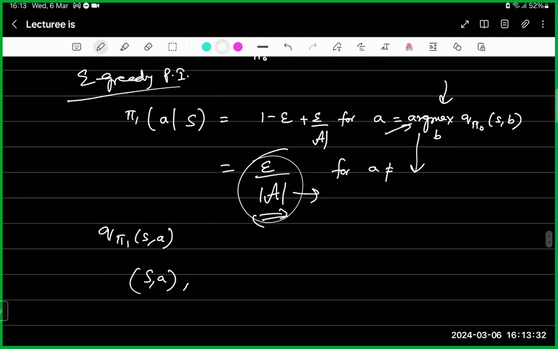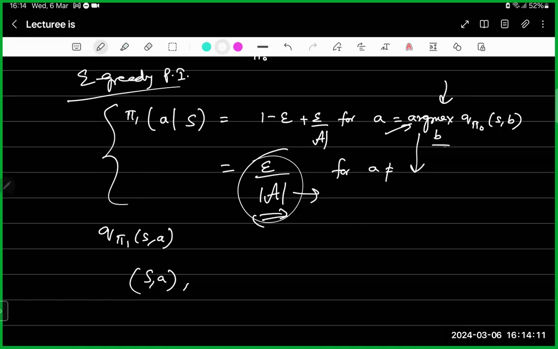So now, what is the question that we want? This is the policy improvement part.